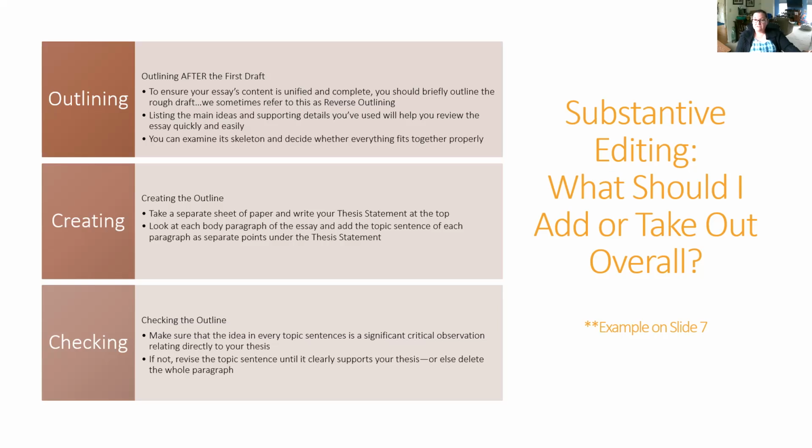So, for instance, if those are causes of nursing burnout, let's say after your introductory paragraph and thesis statement, the next 4 paragraphs cover the first cause that you listed. Do the topic sentences for those 4 paragraphs clearly relate to that cause? And did you also relate it back to your thesis statement? You want to make sure that there is, again, coherence from one paragraph to the next.